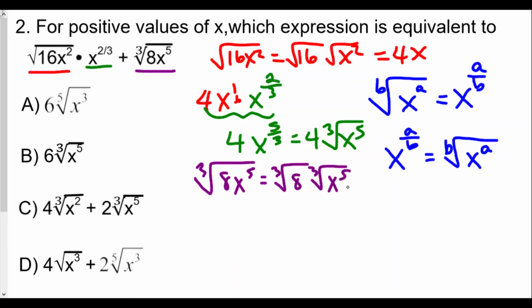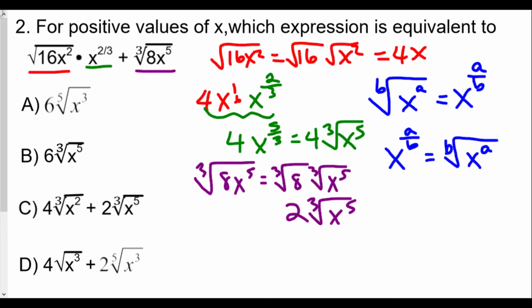We can separate them because underneath the radical the things are multiplying, so the two separate radicals multiply each other. The cube root of 8 is 2, so this is really 2 times the cube root of x to the 5th.